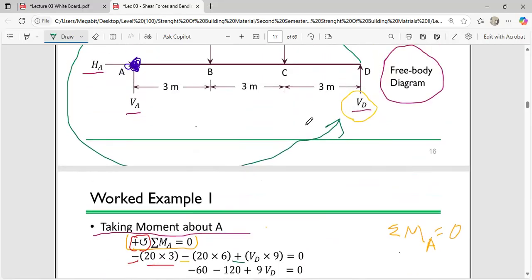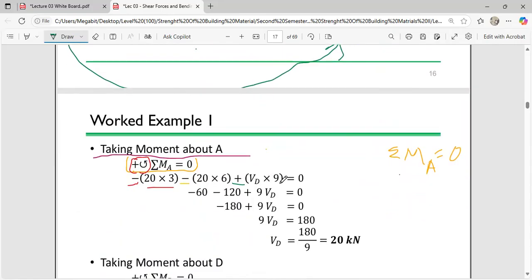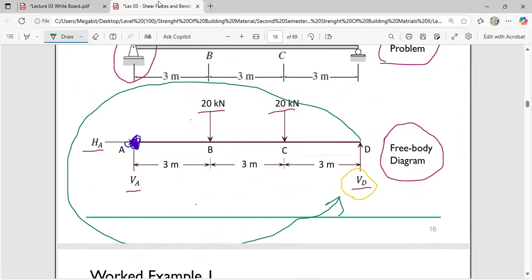A distance of 3 plus 3 plus 3 is 9. So a distance of 9 meters has been covered. So VD is your force multiplying the 9. So VD times 9. At the end of the day, you equate it to 0.